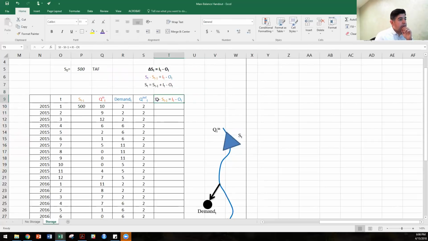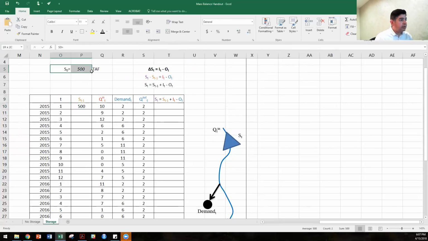So what you can see is that in this case, we already know, at the end of the month number 1 of January, what was our initial storage when we started January.